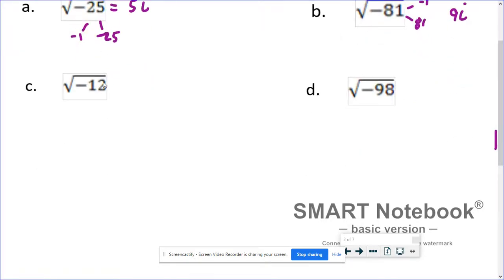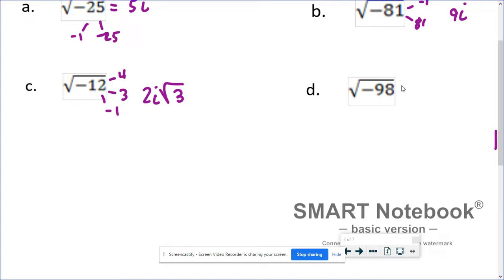For C, 12 is not a perfect square, but it has a square factor, right? So that pair would be 4 and 3. And then since it's negative, I'm going to split it up as -1. So just think of the negative as another step. Square root of 4 is 2. The 3 is going to stay. The -1 becomes i. So since the 3 stayed, it would be 2i root 3. All right.